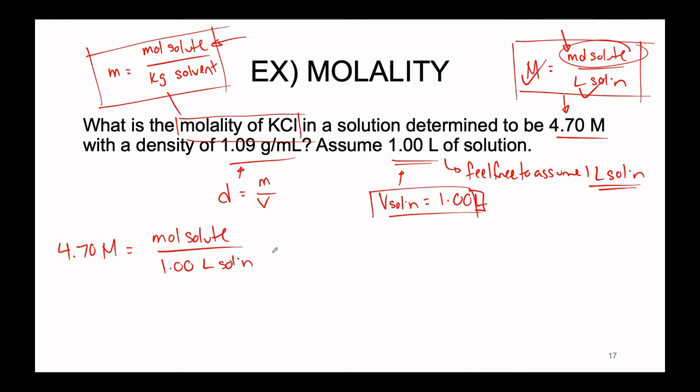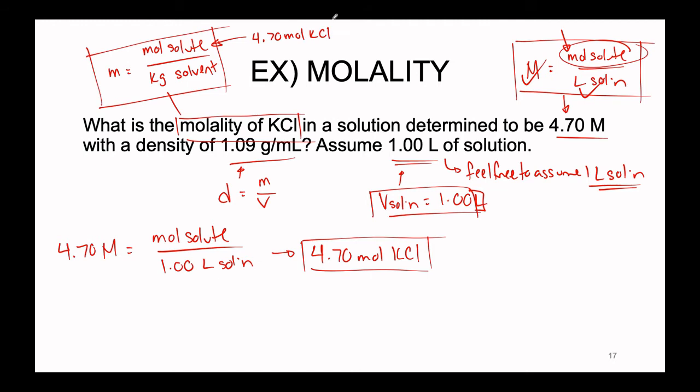If we rearrange to solve for moles of solute, we find that the moles of solute are equal to 4.70 moles. I'm going to say moles of KCl just to be explicitly clear about what moles we're looking at. Now that we have found moles of solute, we can plug that into the numerator in our molality equation up above, 4.70 moles of KCl.